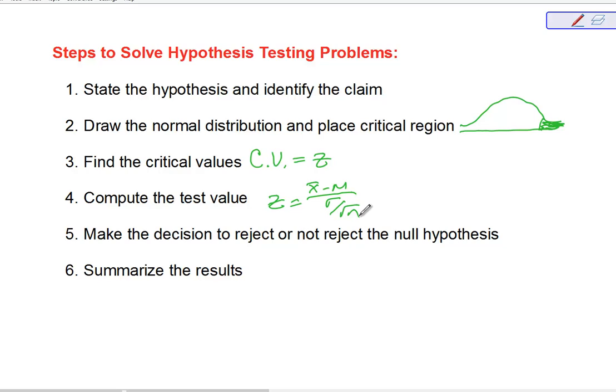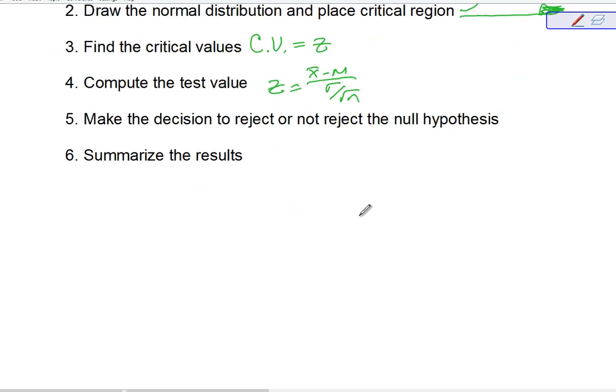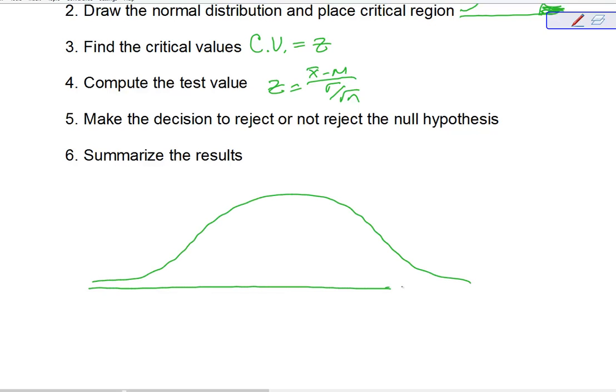Then we want to make the decision to reject or not reject the null hypothesis. Now, here's the thing about rejecting or not rejecting the null hypothesis. If I draw my picture, here's my shaded region. Remember I said that this was the critical region? I also said that this was known as the rejection region.